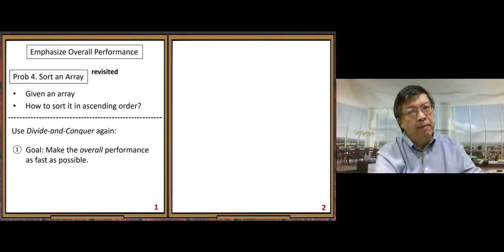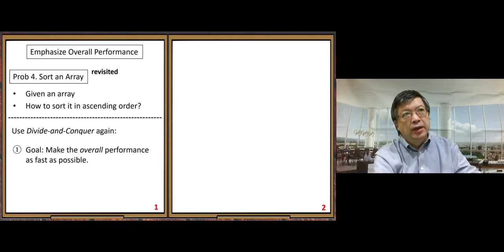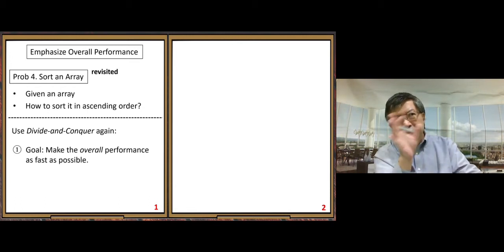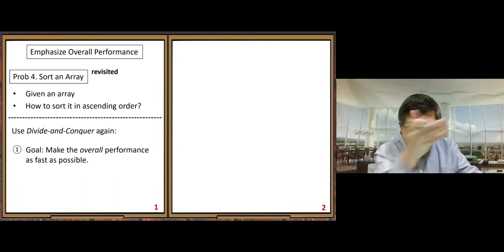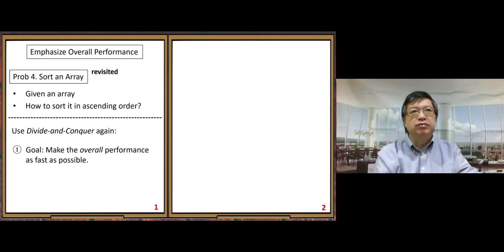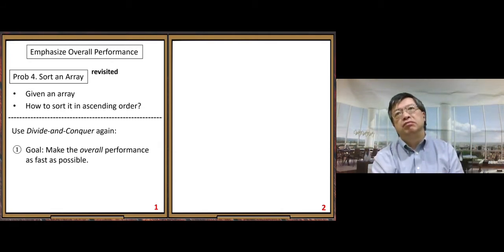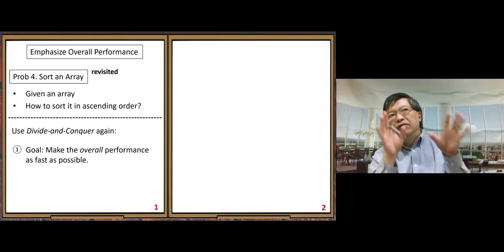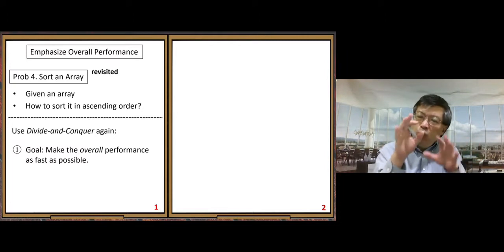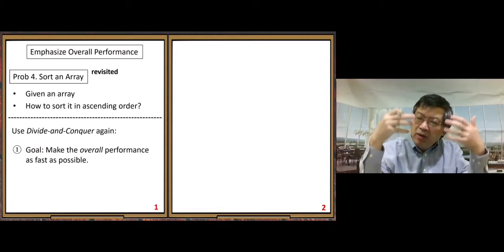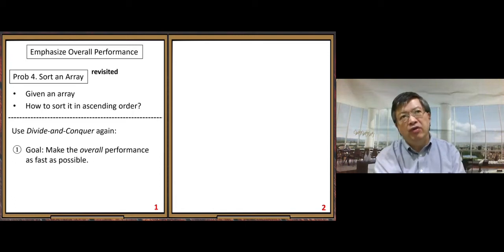That's not easy. So basically, when we develop a new sorting algorithm, we try to use some new way to solve the problem. But after we get a new solution, then we do experiments. Only after we do the experiments can we compare which one has the best overall performance.